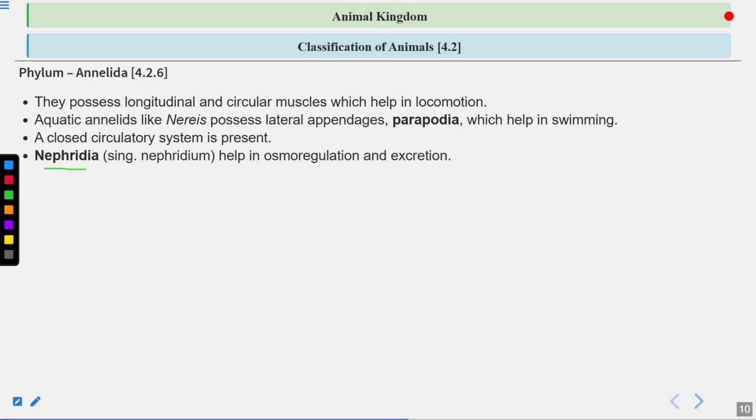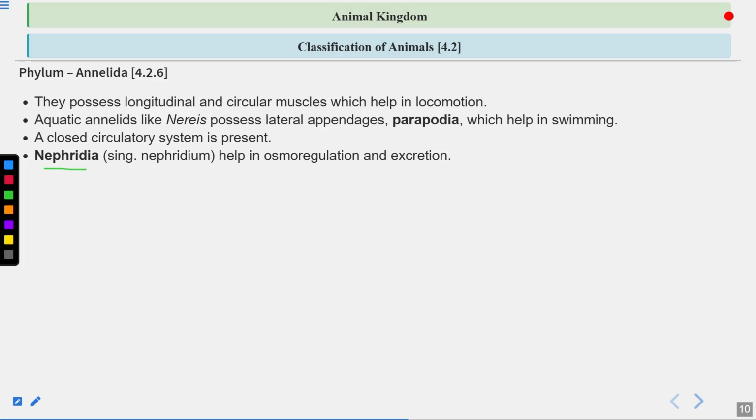Nephridia. Does pseudocoelomate have mesoglea? Pseudocoelomate is one thing and mesoglea is another thing. This derm layer, diploblastic, triploblastic, we discuss at the time of embryo formation. And when there is a full grown organism, then you see this cavity-like thing, the coelom cavity, right? So these are two different things.